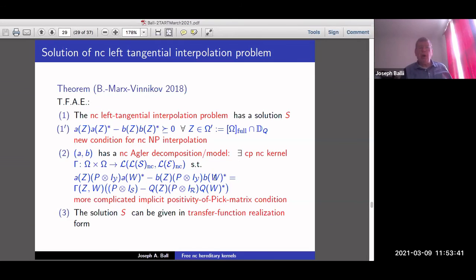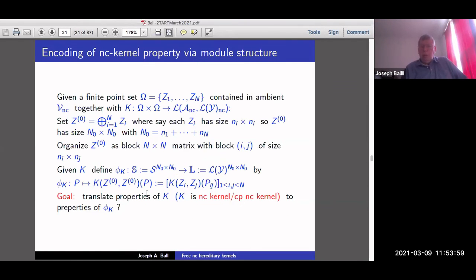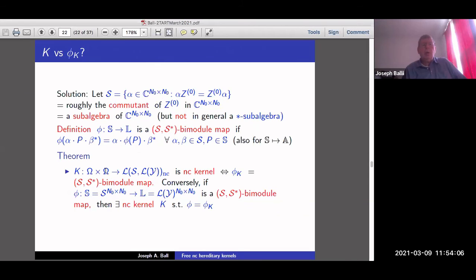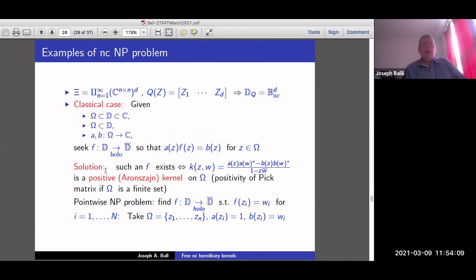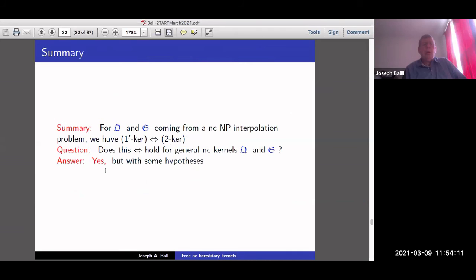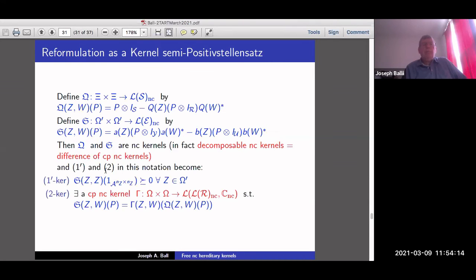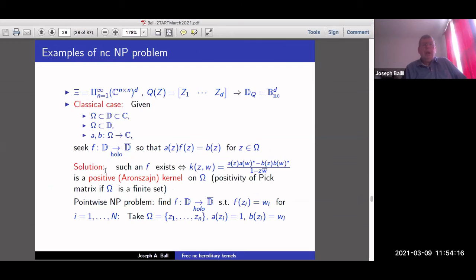So you have this kernel, it should be represented as factored through a completely positive kernel, gamma, and you have this kernel inside the argument. And furthermore, then S can be given a transfer function realization.